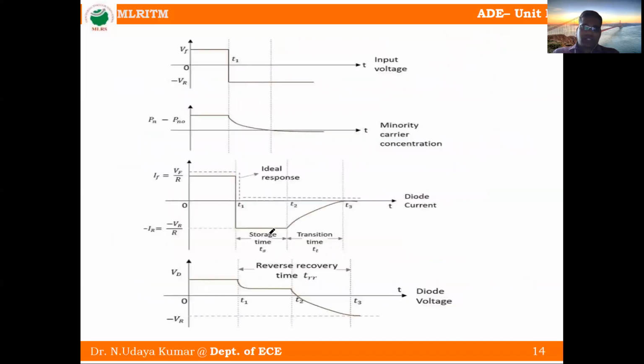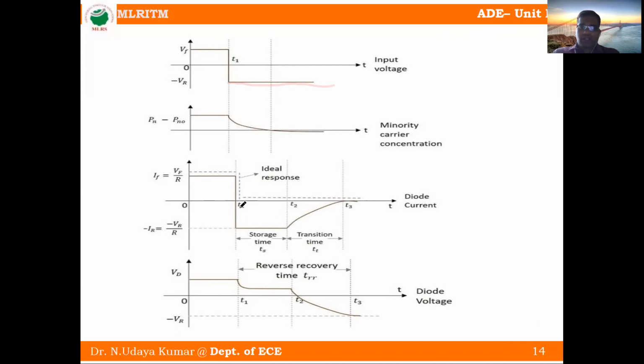So you will understand this. This is the input voltage. This one is on. This one is negative, meaning it is the stable or steady state. This is the minority carrier concentration. This is high. The minority carrier concentration is reduced to 0 or negative level. Here is the diode current. The dotted line we call the ideal diode response, and the solid line is the practical diode response.